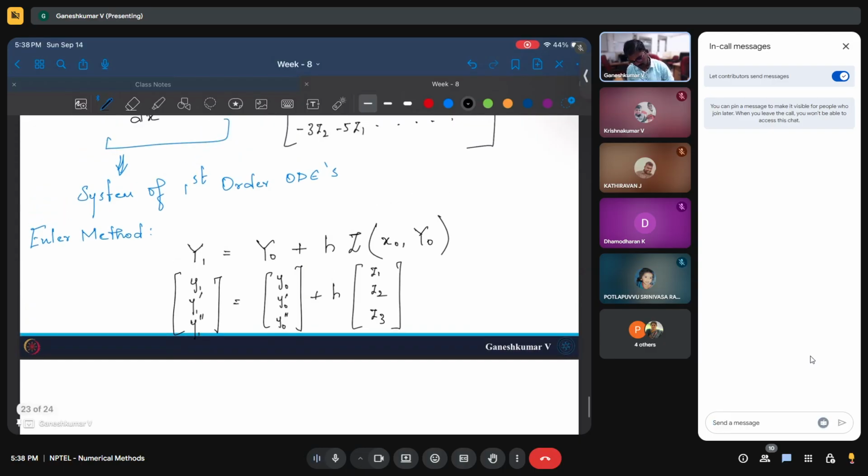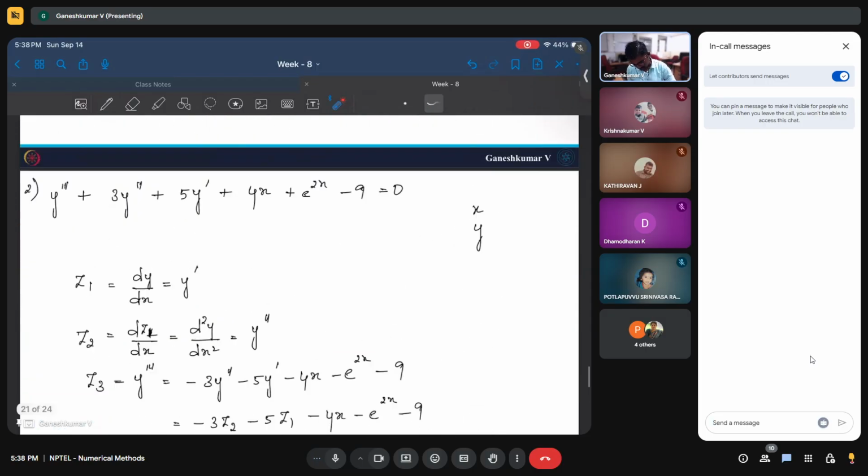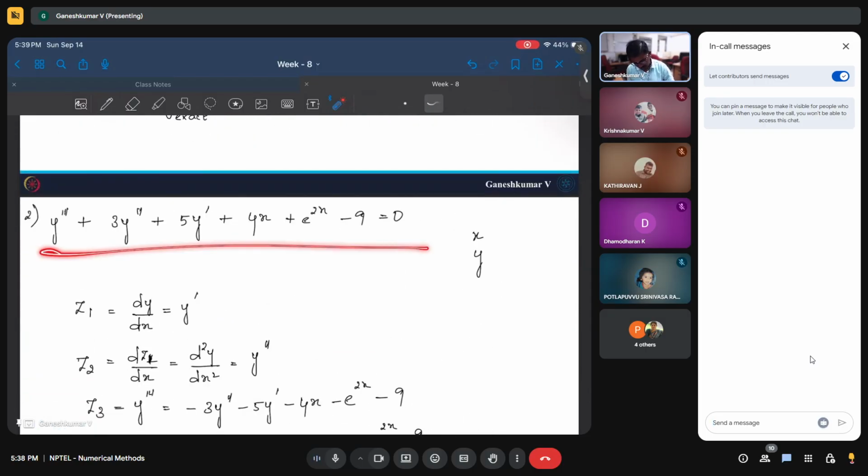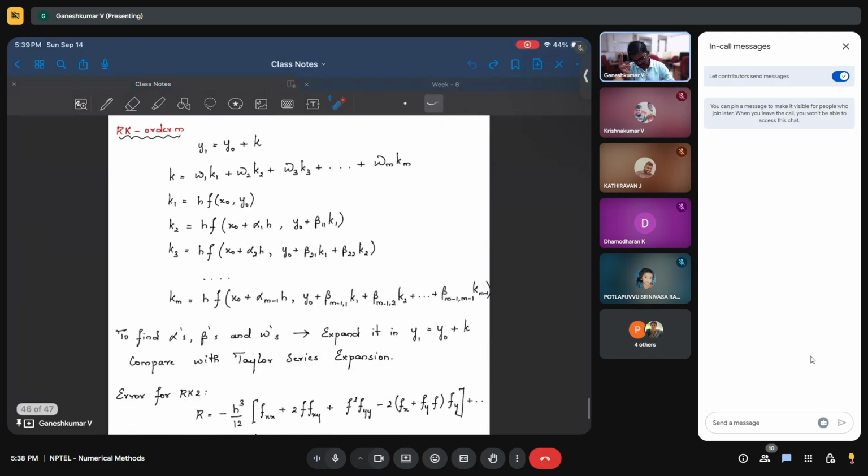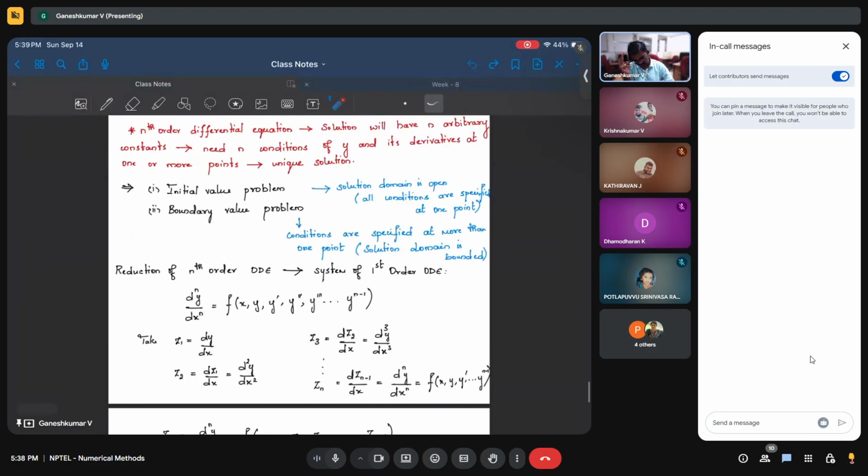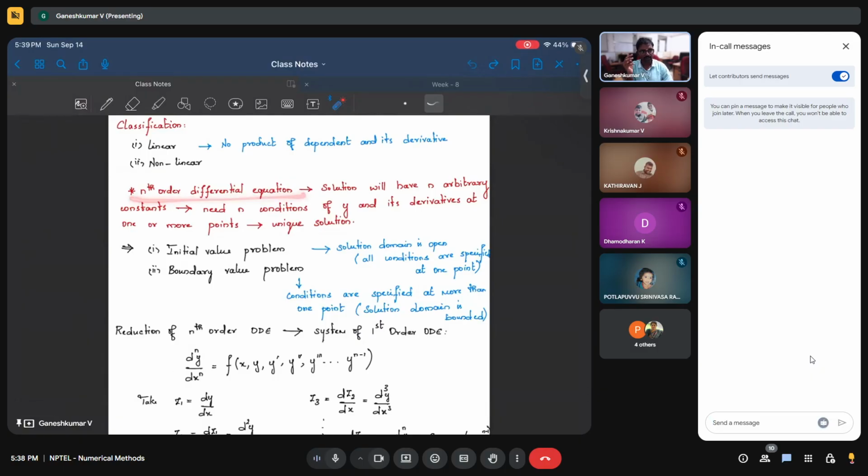Okay, so now you notice that you need three more conditions, and we know that this is the third order differentiation, right? So if you go back to differential equations, that is one of the points: if it is an nth order differential equation, the solution will have n arbitrary constants.